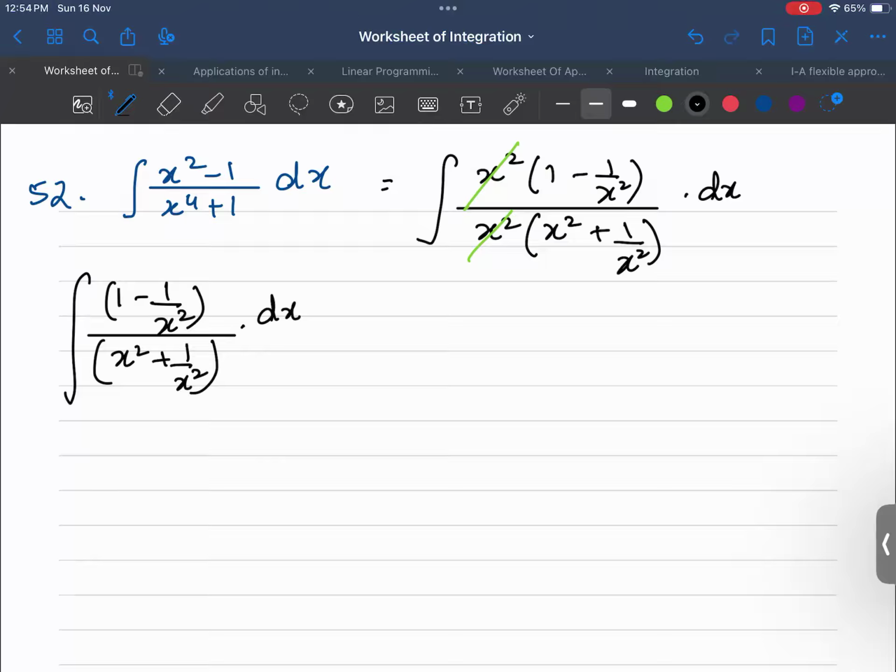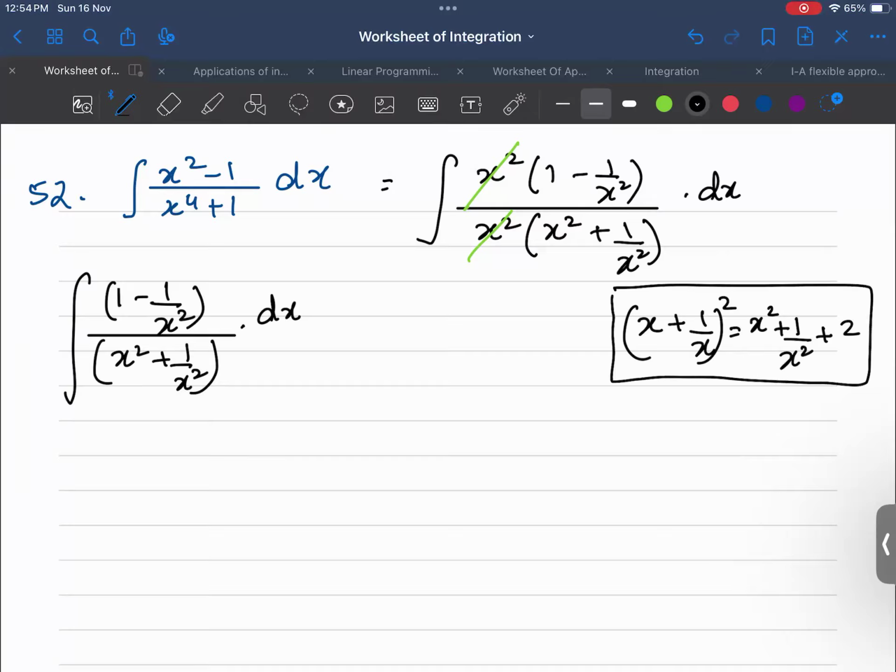And we know if we take 1 plus 1 upon x whole square, what would it be? x square plus 1 upon x square plus 2. I think these sort of formulas you might have learned in your lower classes, 8, 9, 10th, 11, 12th.